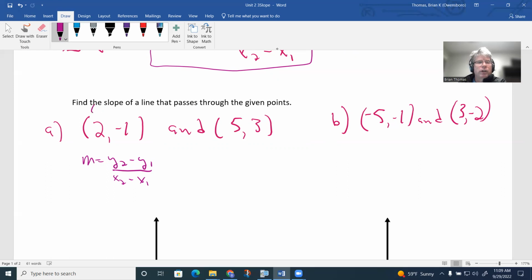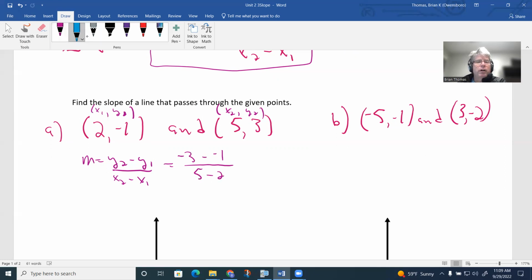So I'm just going to decide that this is point 1, so this is going to be x1, y1. And then this is going to be point 2, x2, y2. So from there, it really is just straight substituting into the formula. So I have 3 take away a -1 over 5 take away 2.